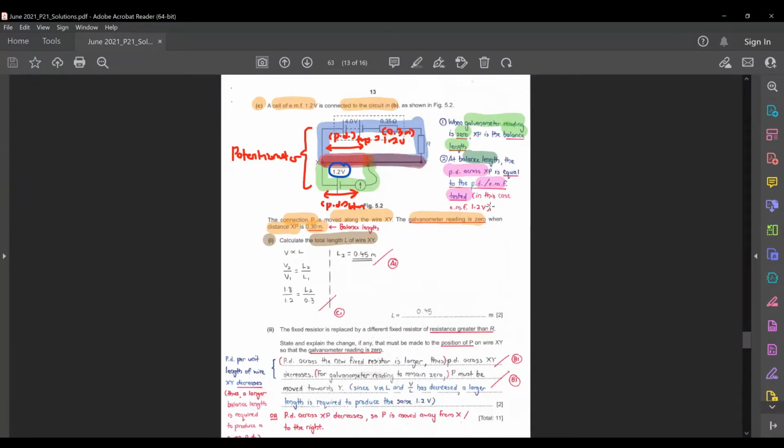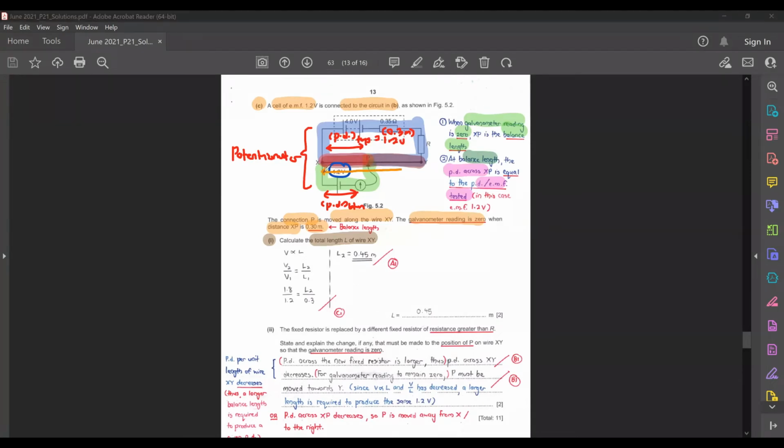So in our case, from here all the way to here, there's a PD of 1.8 volts. And we're interested to find out the length that corresponds to this PD. That length would be the full length of our wire right now.